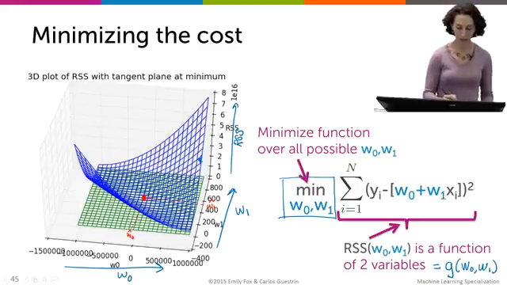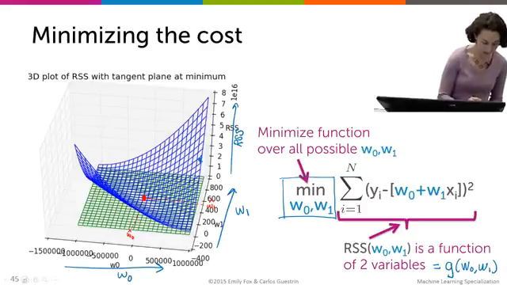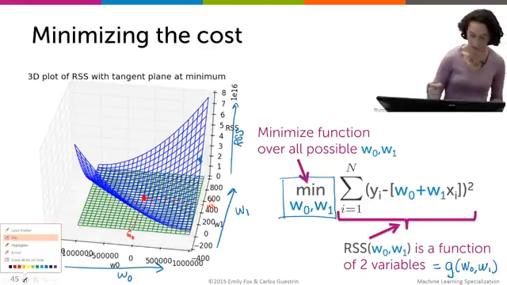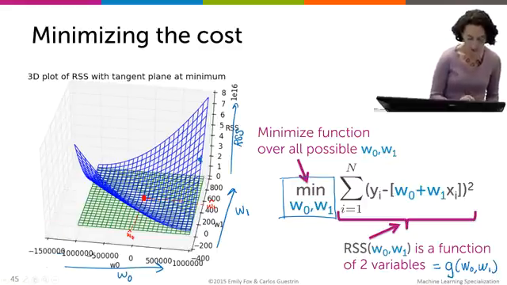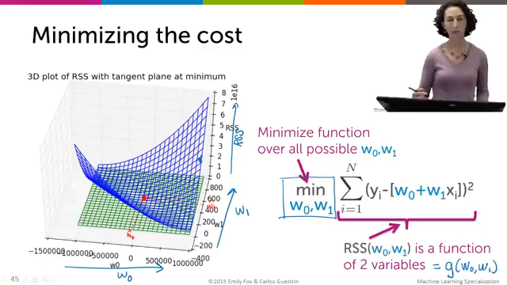So this is our objective, and this is an optimization problem where specifically the optimization objective is to minimize a function, in this case of 2 parameters, 2 different variables.